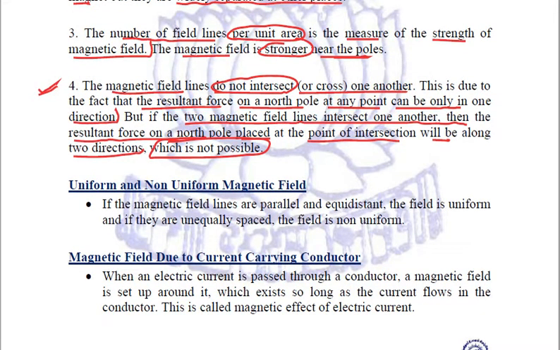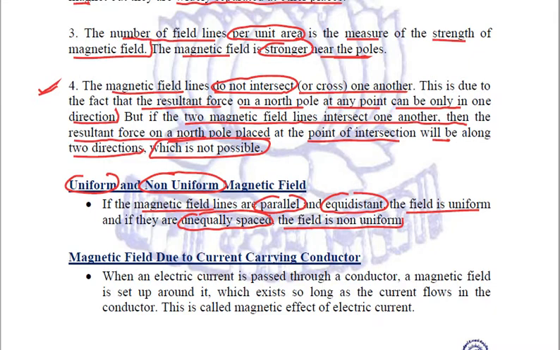There are uniform and non-uniform two types of magnetic field. If the magnetic field lines are parallel and equidistant, then we say that the magnetic field is uniform. But if they are unequally spaced, the field is non-uniform.